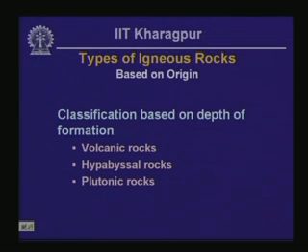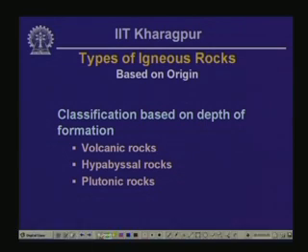If lava comes to the surface, then we get volcanic rock. So this is when ejection of lava takes place.